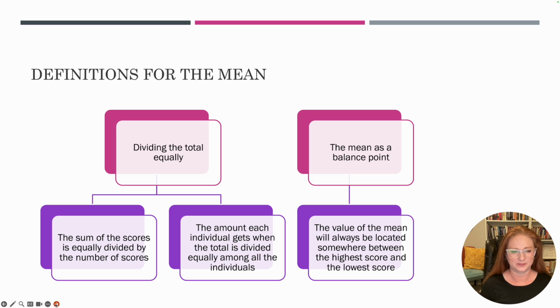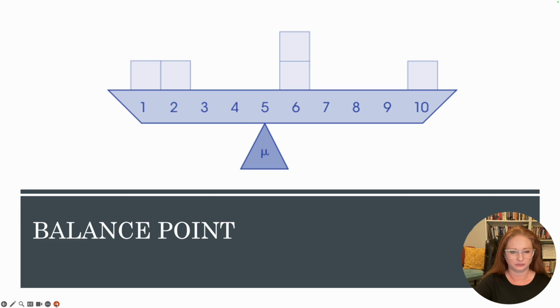That makes sense, okay? When we talk about dividing the total equally, we're talking about both the sum of scores being equally divided by the number of scores, and the amount each individual gets when the total is divided equally among all the individuals or participants in your study.